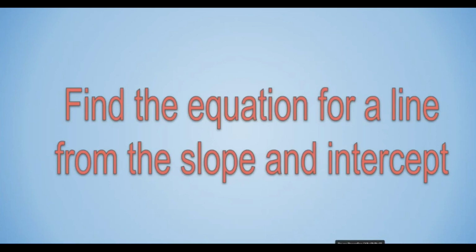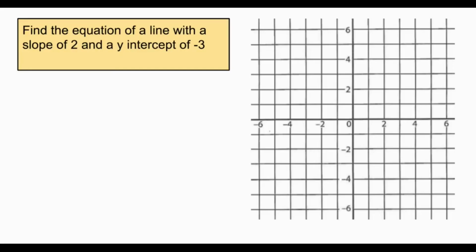In this video, we're going to write the equation for a line when we are given the slope and the y-intercept. Here's our problem. Find the equation of a line with a slope of 2 and a y-intercept of -3. Now, the first thing we want to remember is the form for the equation of a line in slope-intercept form.